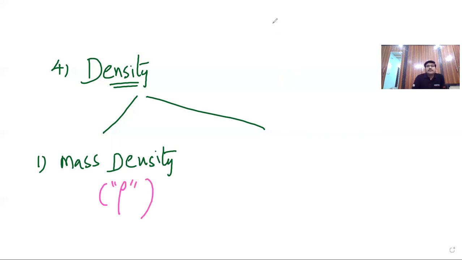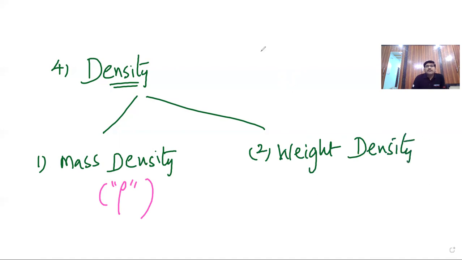The other is weight density, which we denote by the Greek letter gamma. Mass density and weight density, rho and gamma. Clear? So first let us see the mass density.